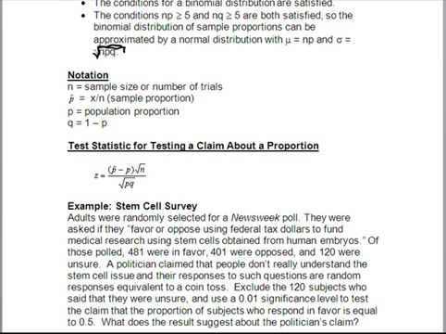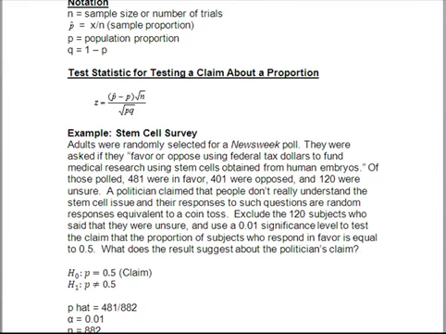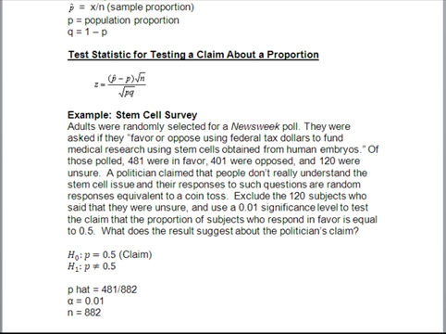N denotes the sample size or the number of trials. P hat is the sample proportion, x divided by n. P represents the population proportion, and q is the complement of that, 1 minus p. Now, the test statistic for testing a claim about a proportion: we want to take p hat minus p.